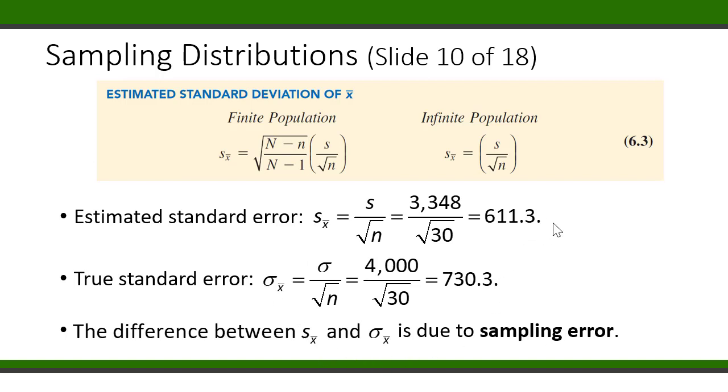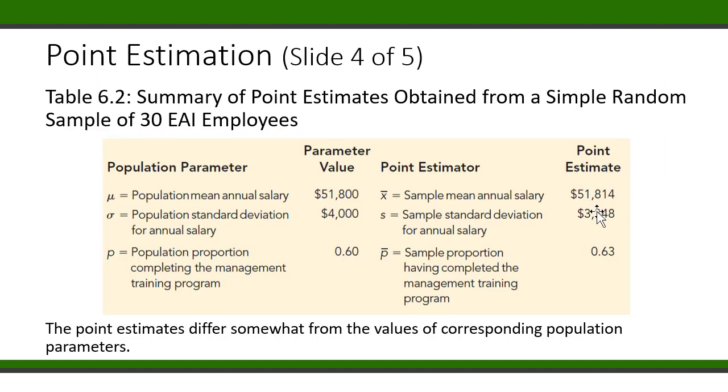If we did enough samples and took the average of this, it would come very close to the true standard error. And remember, we got these values from a previous slide where we calculated those point estimates, so that's where the 3,348 came from. We would do the same thing for the sample proportion.